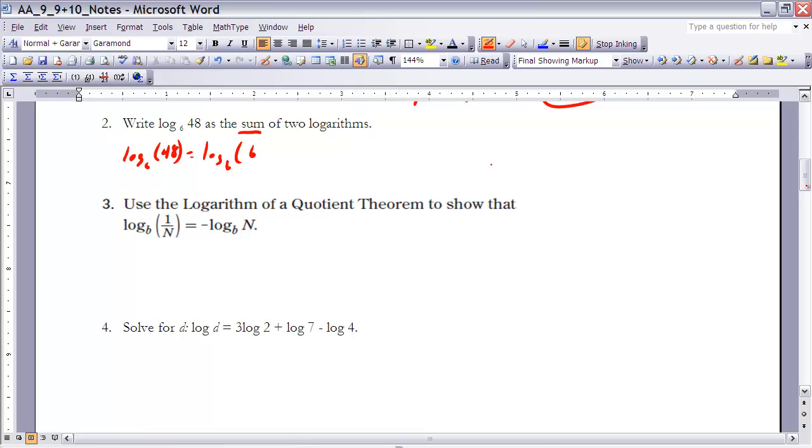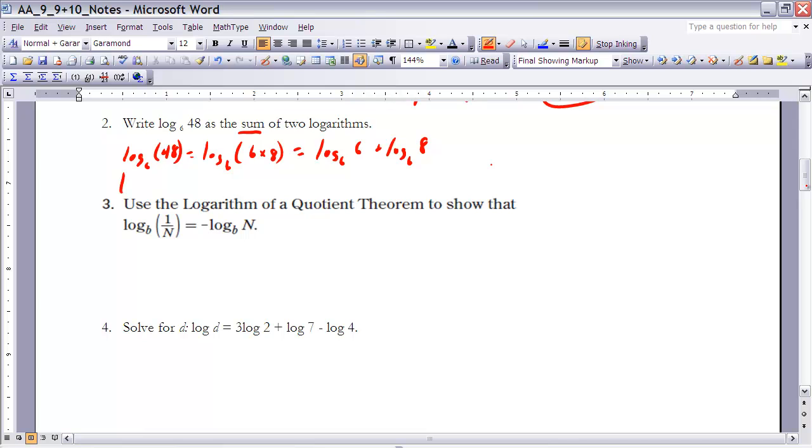So 6 times 8. Therefore, I can write that as the log base 6 of 6 plus the log base 6 of 8. There I'm writing it as the sum of two logs.